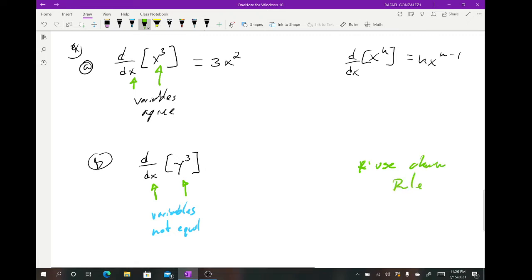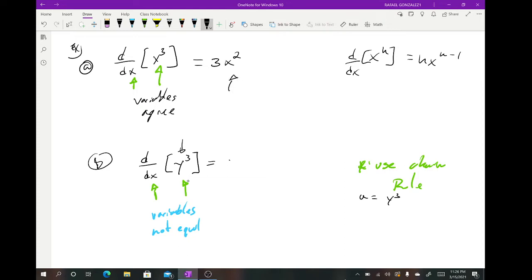And how do we use the chain rule? Well, you're going to say that u is equal to y cubed. And that means when we take the chain rule, we're going to have the derivative of u times u prime. So we're going to take the derivative of y normally, as we did with the x up here.